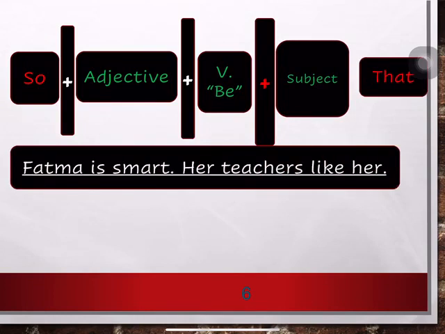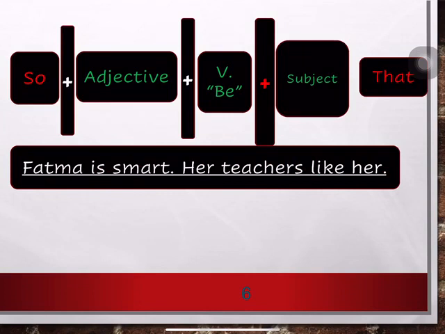I have an example here. Fatma is smart. Her teachers like her. I want to join these two sentences and start with so. How am I going to do that? We have Fatma is smart. Subject, verb to be, adjective.